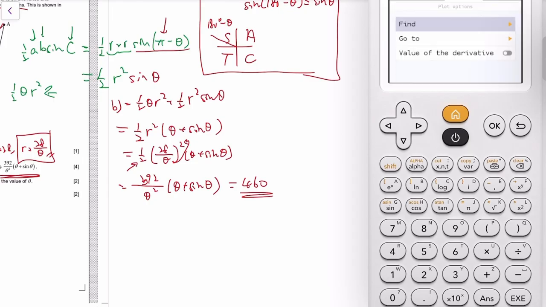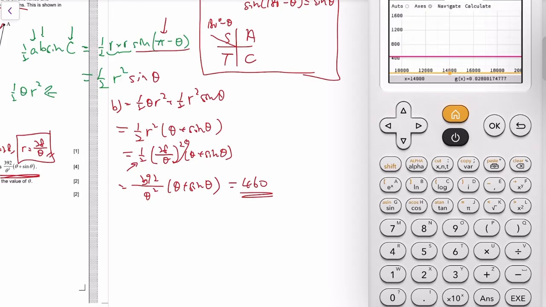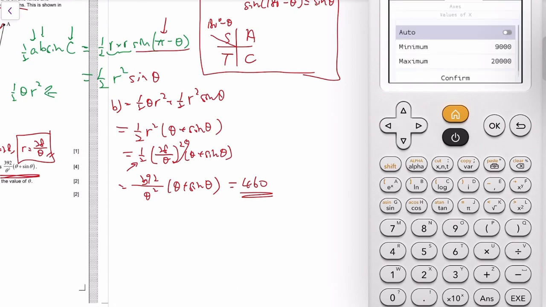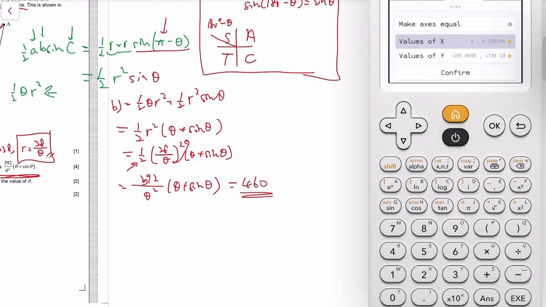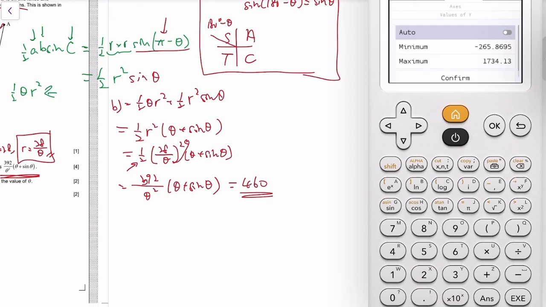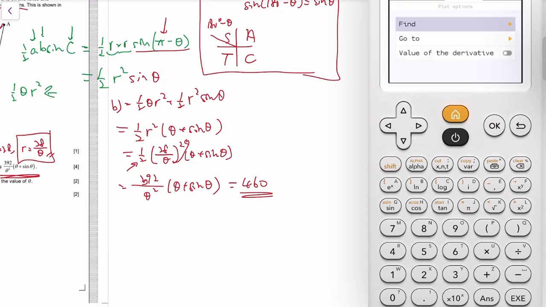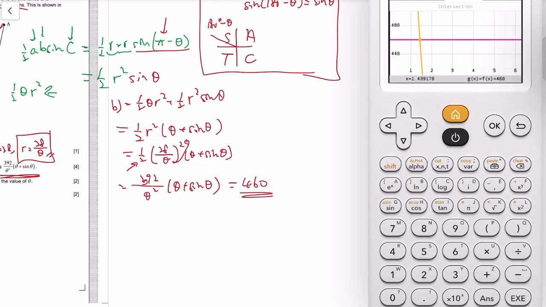They don't seem to want to intersect, so I think I'll have to adjust the window myself. So x is an angle in radians, so it's probably between 0 and 2 pi. And y is roughly 460, so that should do. And find the intersection. So theta is 1.439 radians.